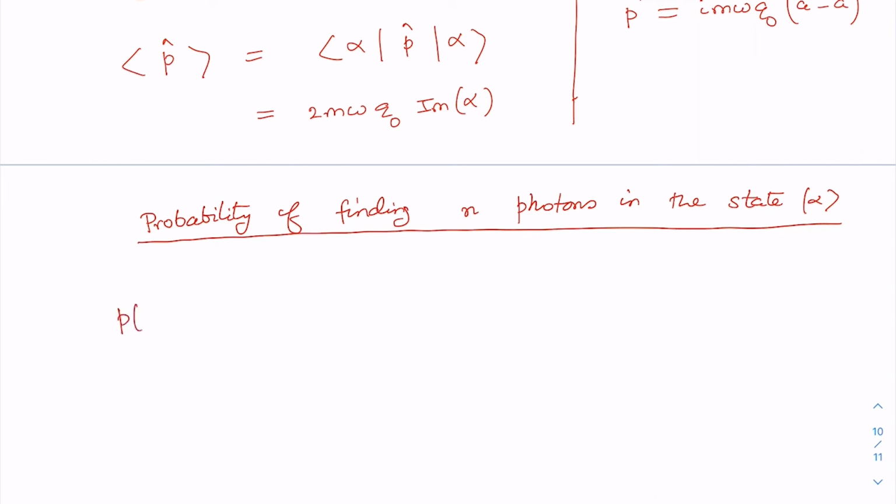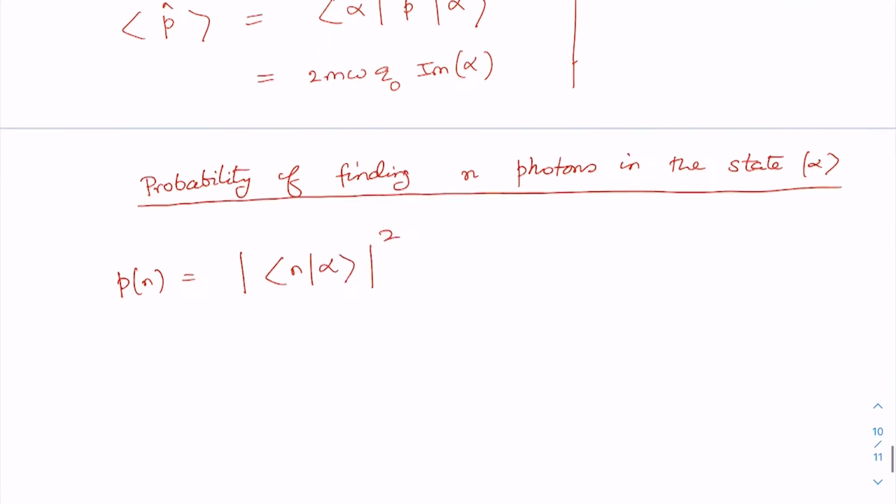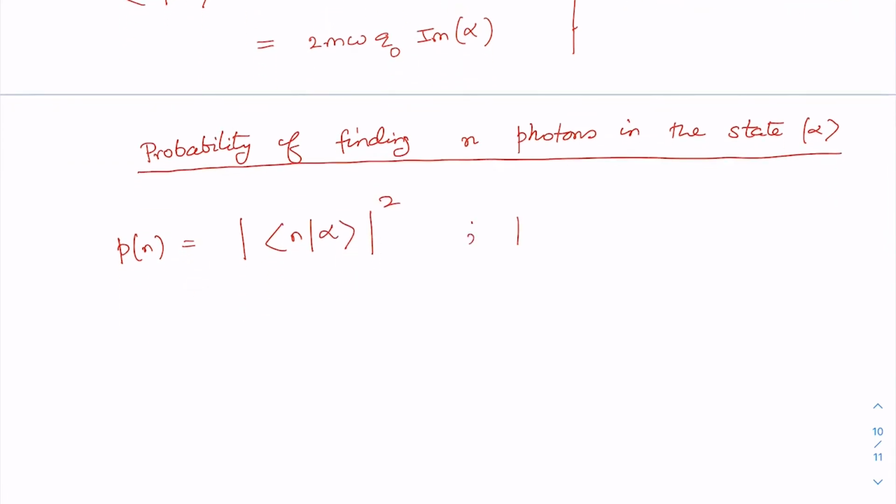So this is given by, you just have to take the scalar product of this quantity mod square, because you know that the state alpha is equal to e to the power minus mod alpha square by 2, times the sum over n from 0 to infinity of alpha to the power n by under root n factorial, times the state n.